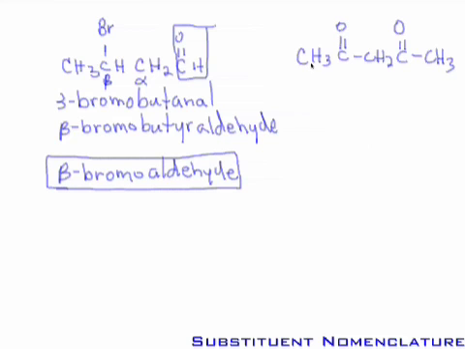So the IUPAC name: this is a 1, 2, 3, 4, 5. It's a pentane with two ketones, so it's pentanedione, and the ketones are at 2 and 4. This is pentane-2,4-dione.